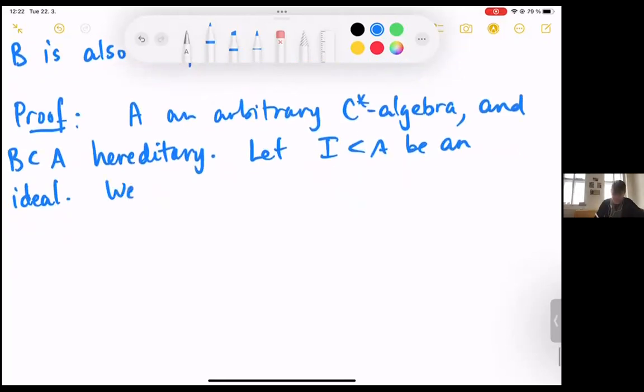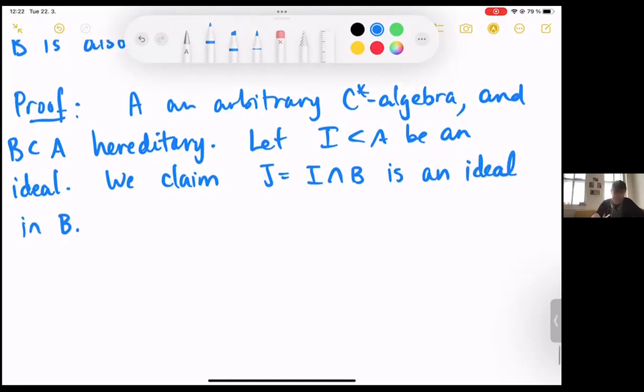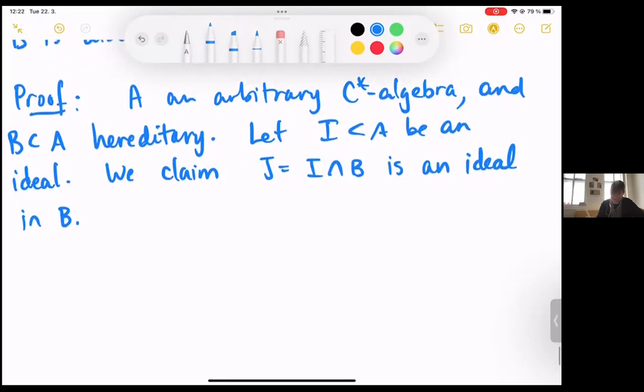So we claim that I intersection B is an ideal in B. First of all, it's clearly closed, and it's going to be closed under multiplication, addition, and adjoint, since both I and B are. So it's certainly a C star subalgebra.